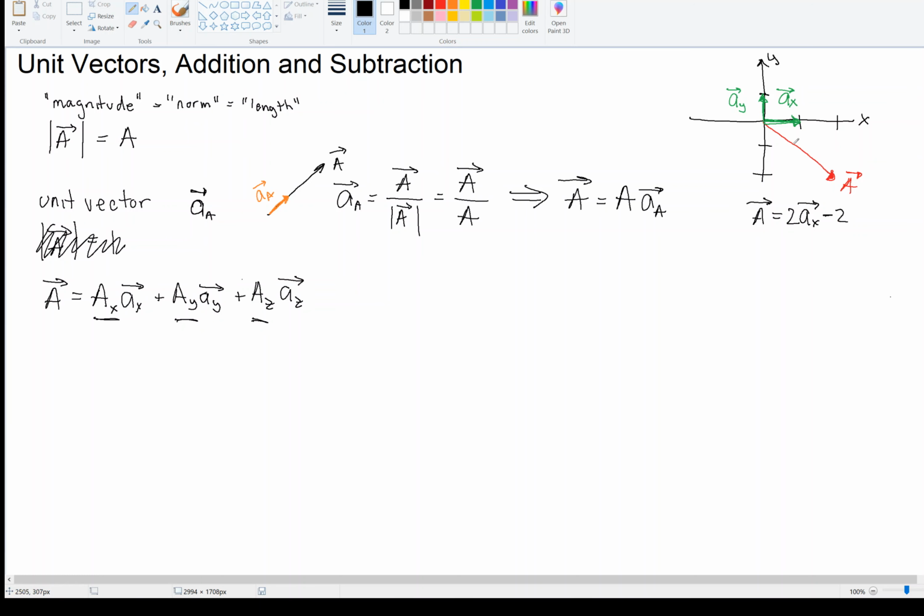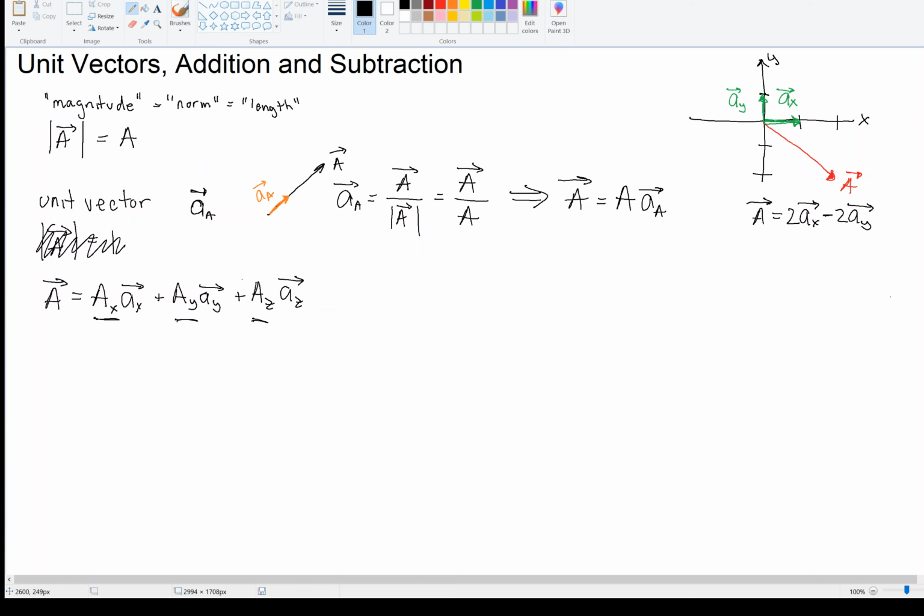So minus 2 is the component in the y direction. It went down like this. All right, so 2 and minus 2 are the components of vector A, and little a x and little a y are the unit vectors that describe this vector A.